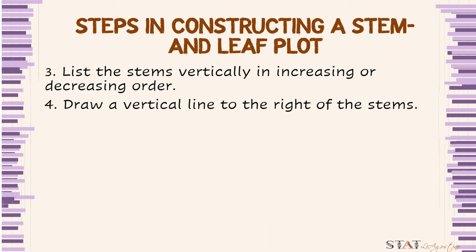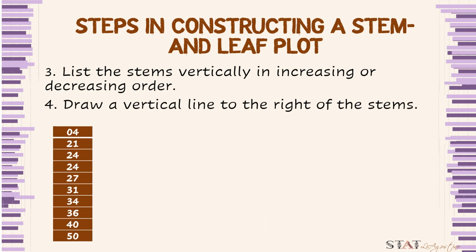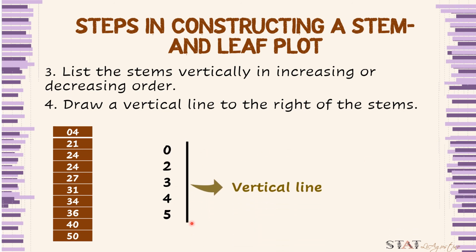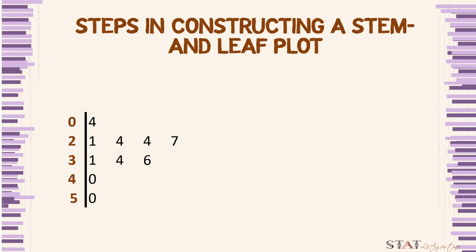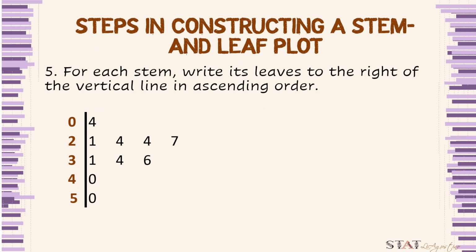Step 3: list the stems vertically in increasing or decreasing order and draw a vertical line to the right of the stems. Example, this is our stem, and then put a vertical line between the stem and the leaf. Step 4: for each stem, write its leaves to the right of the vertical line in ascending order.